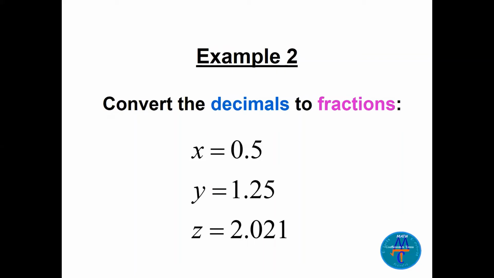Okay, I will show you how to get it if you don't know. Now, the second number, y, 1.25, you see this is terminating, and 2.021 is terminating. So I need to convert these decimals to fractions. Be careful here, this example has no repeated part. The repeated part will be the next example.